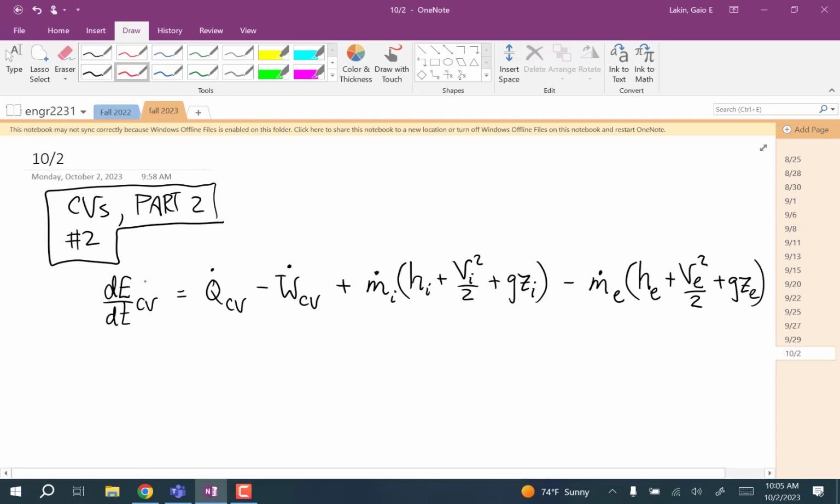And it's steady state, so that's 0. These are both just m dot. It's insulated, so that's 0.